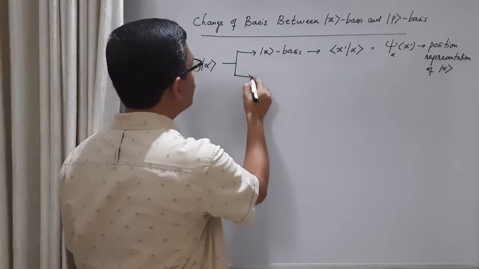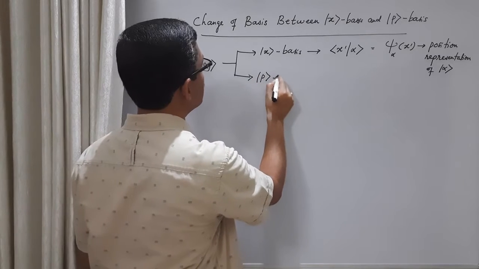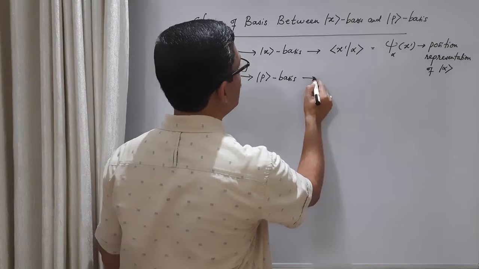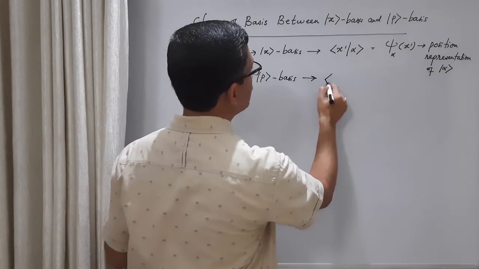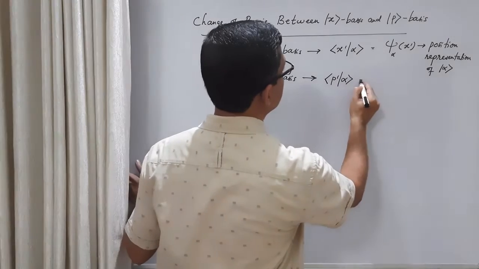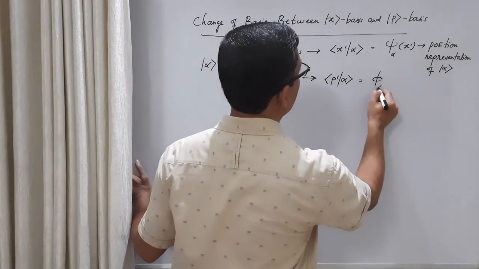Now similarly, if you choose a momentum basis, if you build a representation of ket alpha in momentum basis, we have to take the component of ket alpha in the momentum eigenket, and for this we use another symbol, phi alpha.